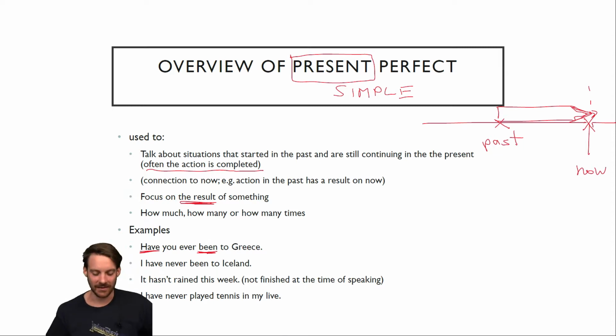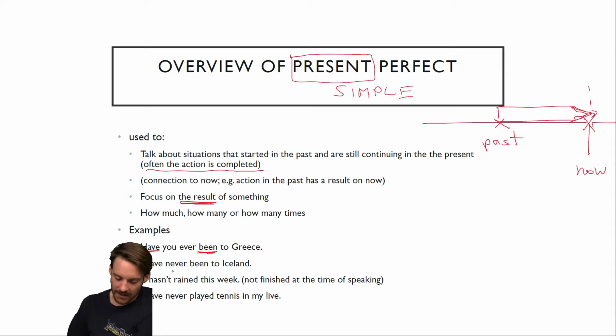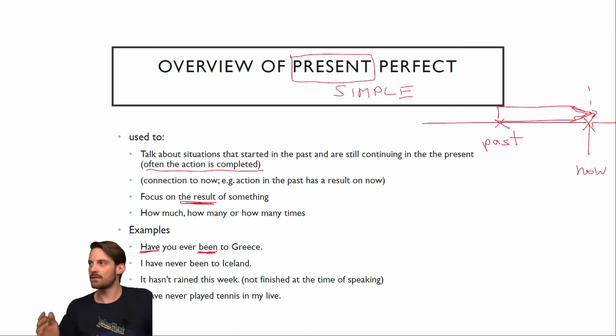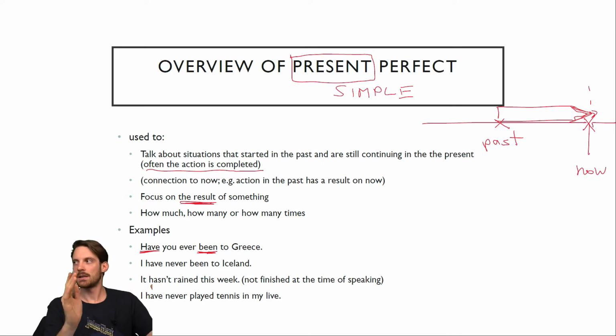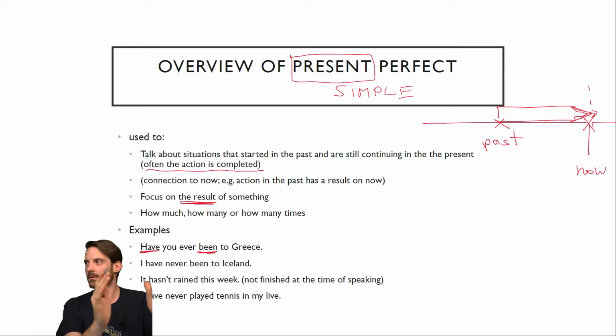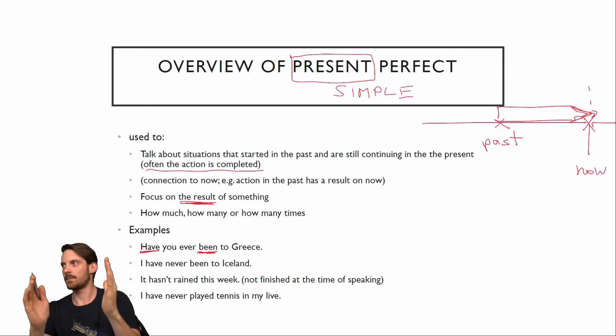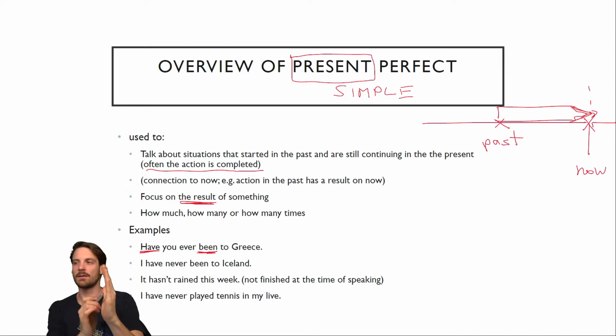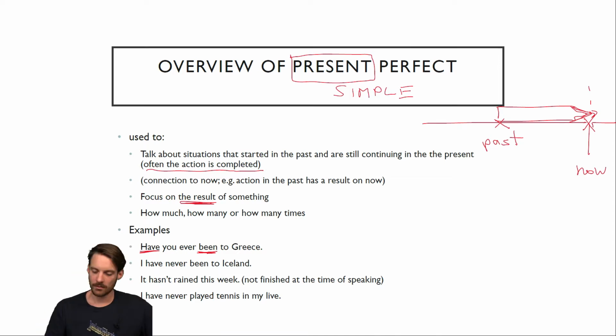I have never been to Iceland. So never in your whole life, since you were born, you have never been to Iceland. In this whole time frame, you have never been to Iceland.